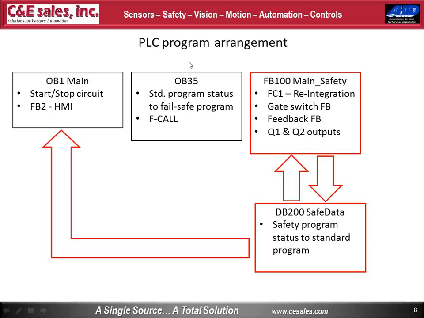OB35, again, is the most commonly used cyclic interrupt for starting the safety program. You'll see I'm going to send some status to the safety program, and here's where I'm actually going to call my safety program, FC100, my main safety program. It's going to contain a call to my reintegration routine and my logic I'm going to use for this example.